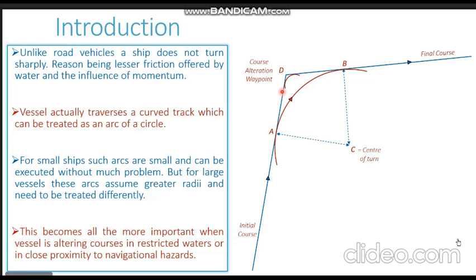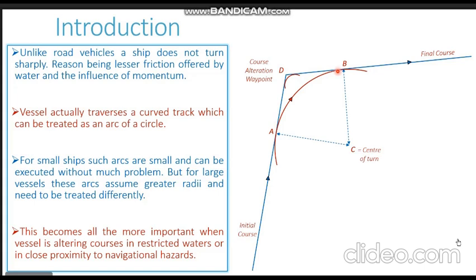But as the size of the ship becomes bigger and bigger, the turning radius becomes bigger and bigger, these arcs are at a substantial distance from the straight line track. Now it is possible that the straight line track of the ship may be going through a safe path, a safe passage, but this curved path may be passing over a danger.